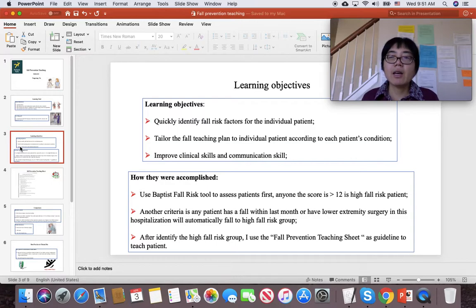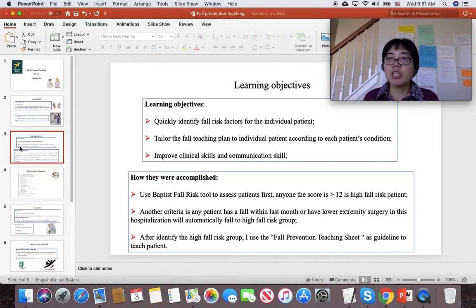How do I accomplish these objectives? With my preceptor's help, first I use the Baptist fall risk tool to assess each patient. If their risk score is greater than 12, they fall into the high fall risk group.